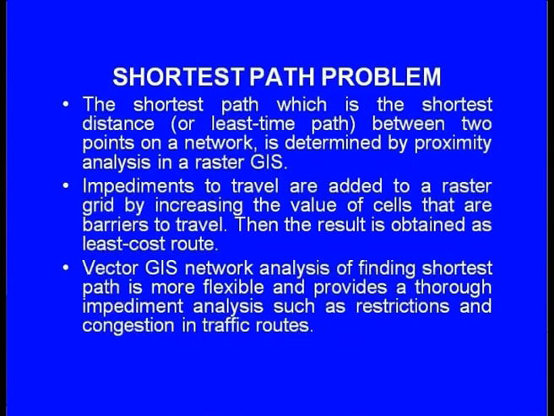Impediments to travel are added to a raster grid by increasing the value of the cells that are barriers to travel. Then the result is obtained as the least cost route. Vector GIS network analysis for finding the shortest path is more flexible and provides a thorough impediment analysis, such as restrictions and congestion in traffic routes.